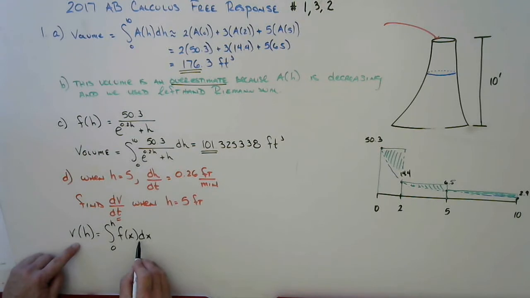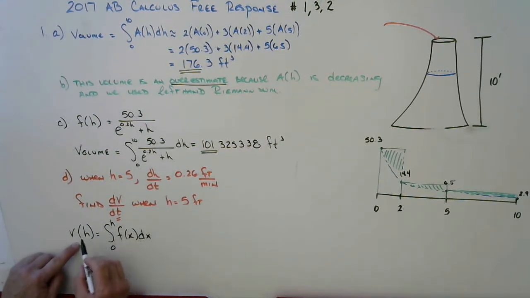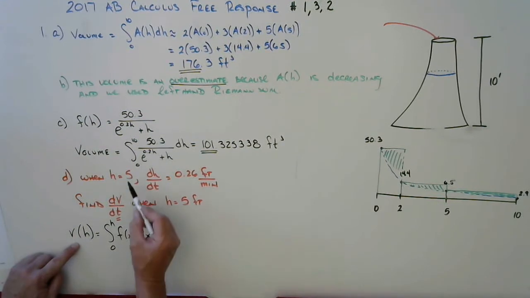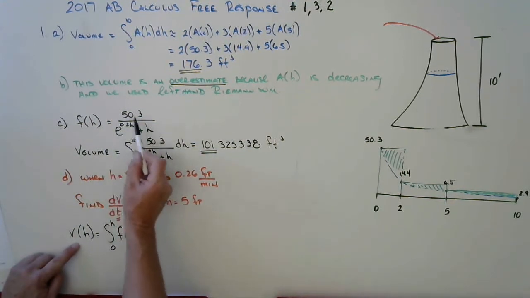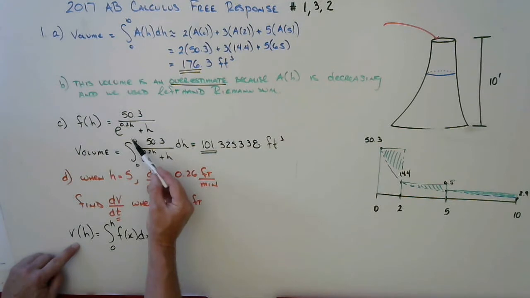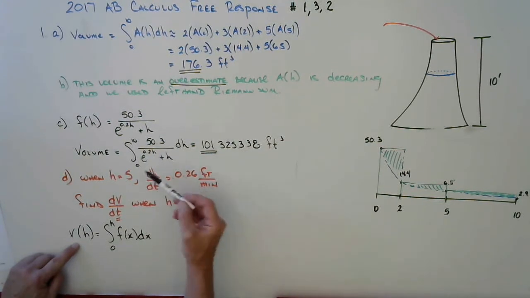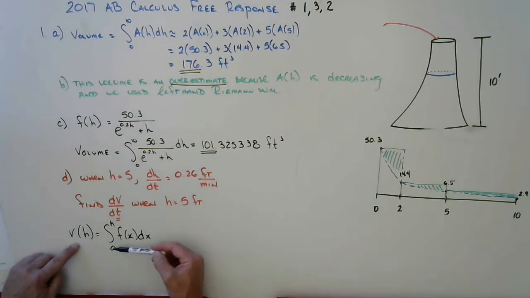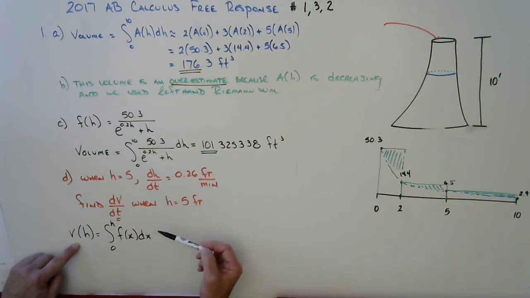You could pick any variable you want, but you can't have it be this variable. The integral from 0 to 10 was the total volume, so the integral from 0 to 2 is going to be the volume at height 2, the integral from 0 to 3 is going to be the volume at height 3, and the integral from 0 to 6 is going to be the volume at height 6.